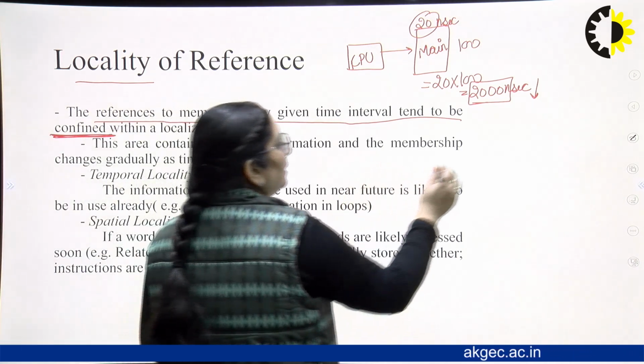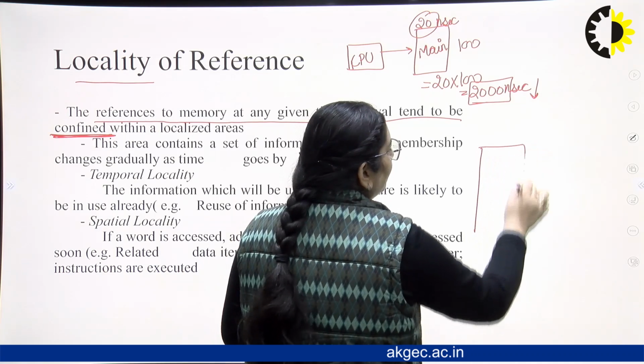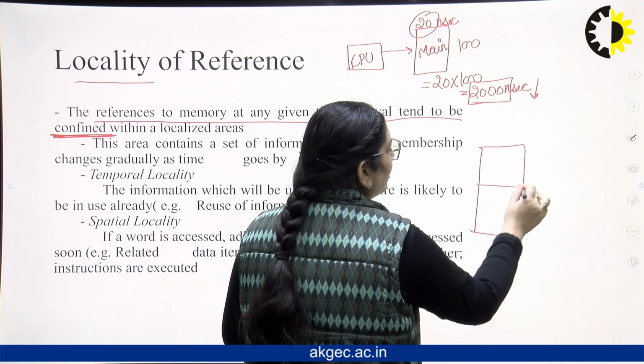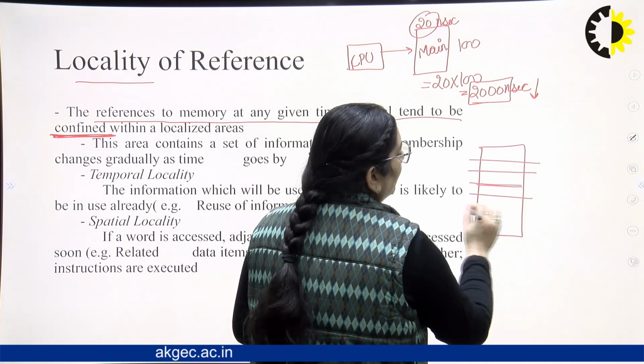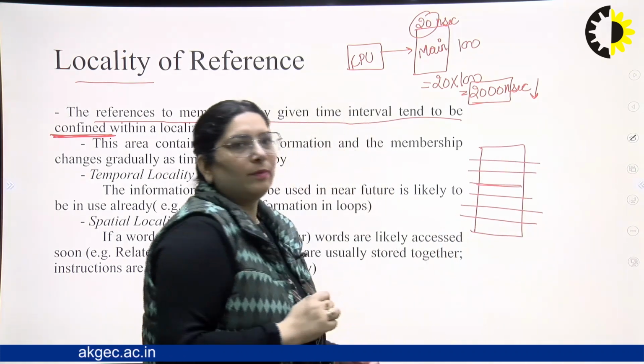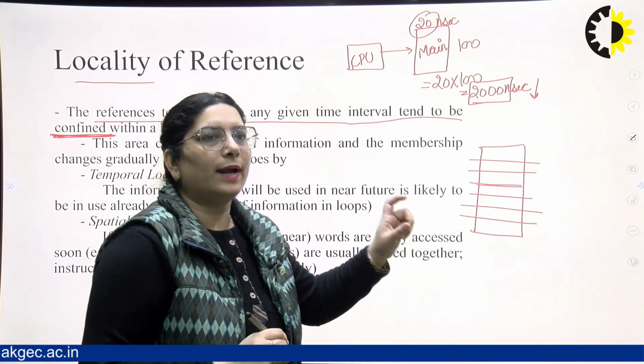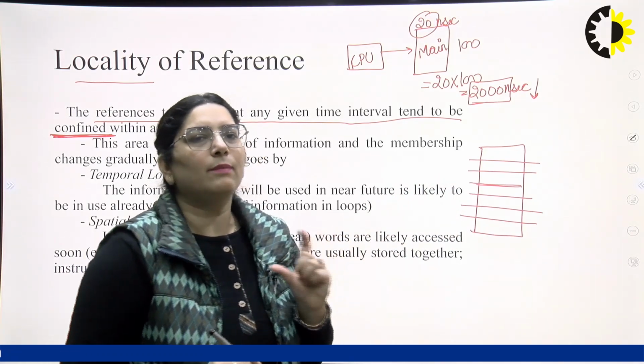That means we assume that, let's say, the CPU accesses this portion of the main memory. Our main memory is divided into multiple blocks, and on each of the blocks we have some amount of data kept.